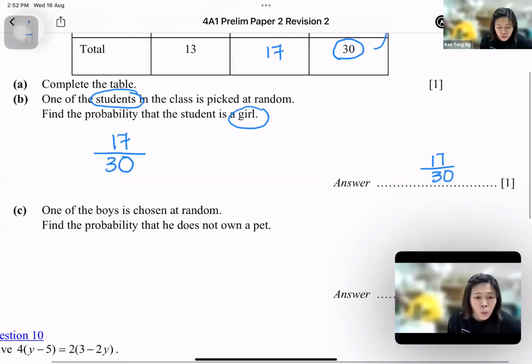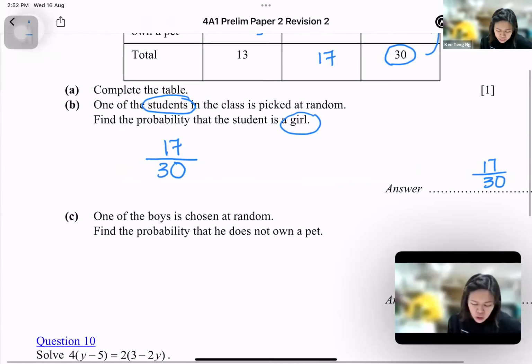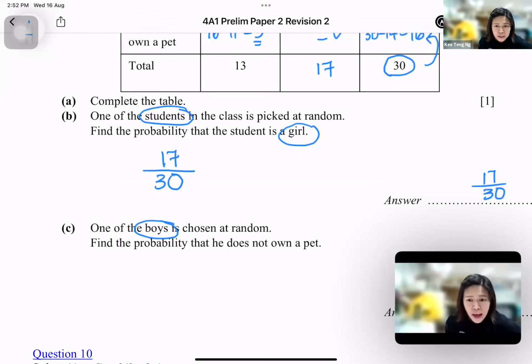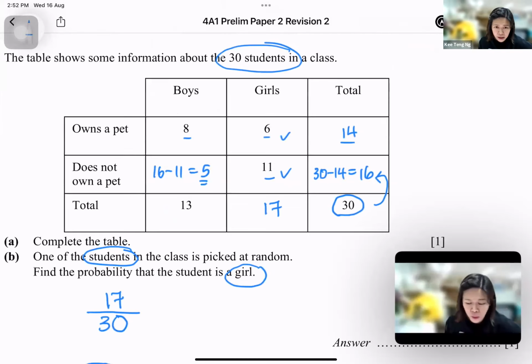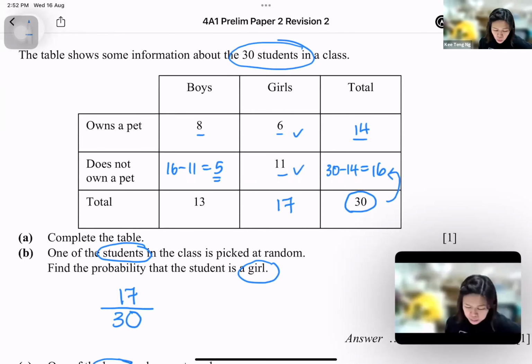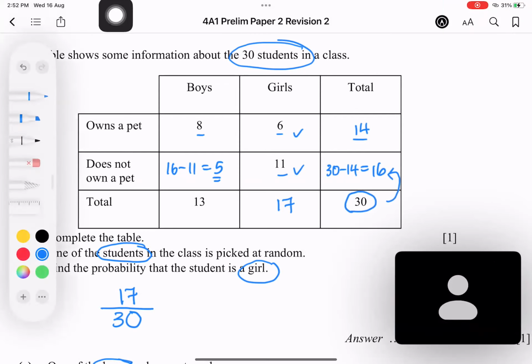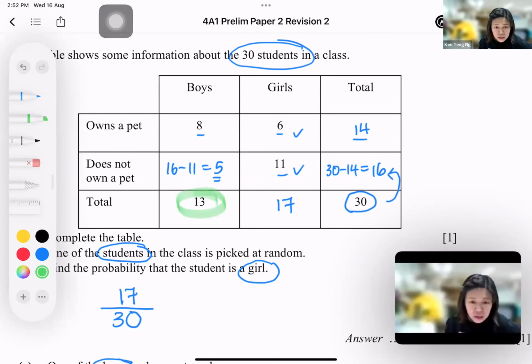Okay, the next question, one of the boys. Pay attention to the question: one of the boys, it's not one of the students, one of the boys. How many boys are there in total? 13, right?